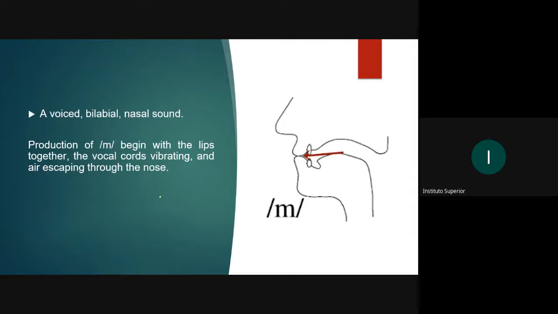Can you read, please, the definition of the production? A voiced bilabial nasal sound. Production begins with the lips together, the vocal cords vibrating, and air escaping through the nose. Here we have the graphic. We should put our lips together and the vocal cords should vibrate.